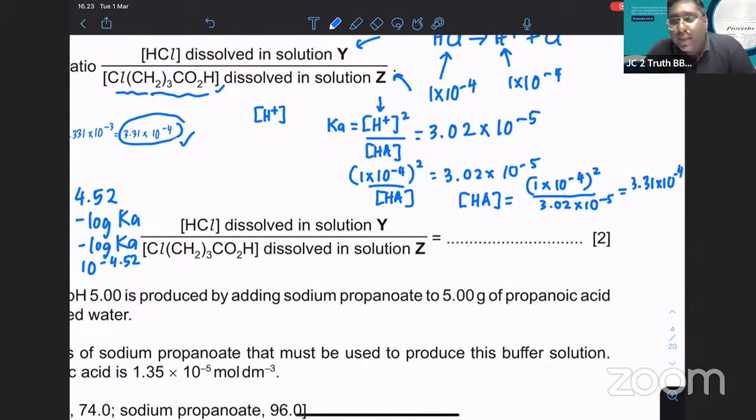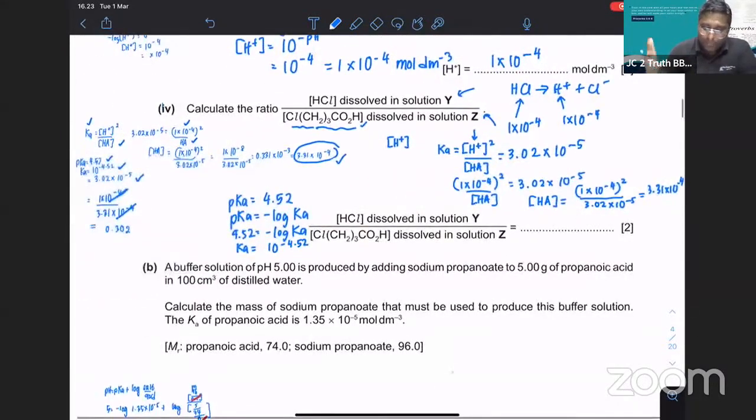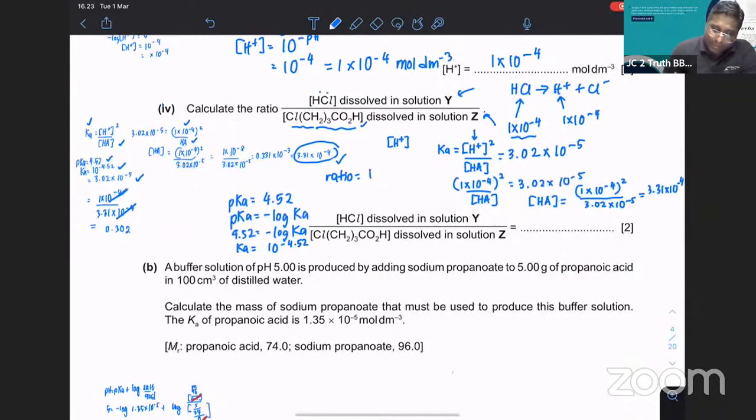Once you get that value, you just need to solve this question. They want the ratio. So for HCl, we calculated 1 times 10 negative 4, divided by this value, 3.31 times 10 negative 4.